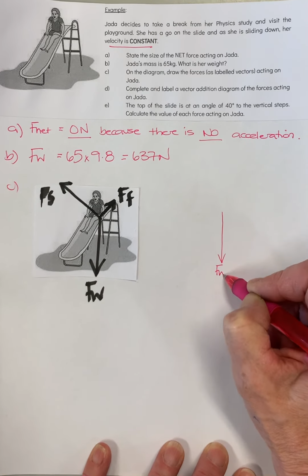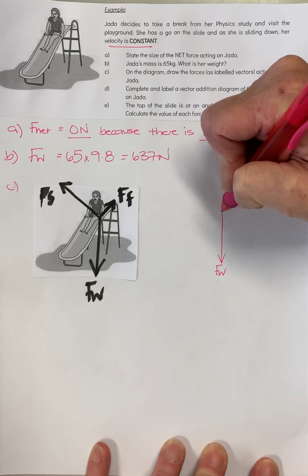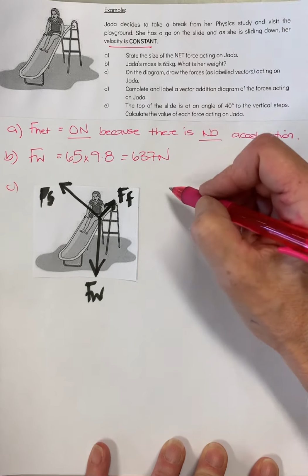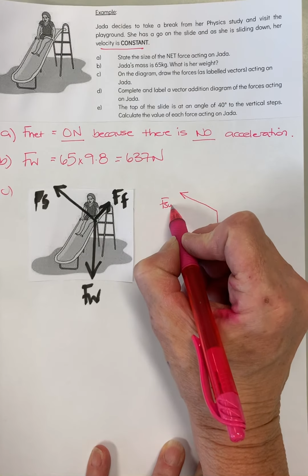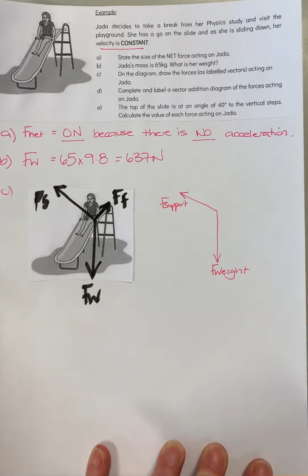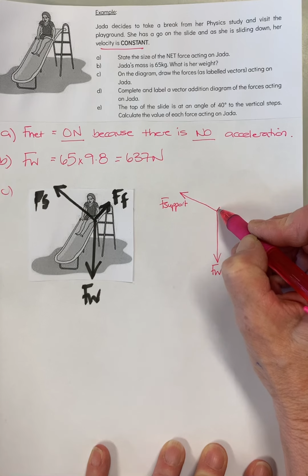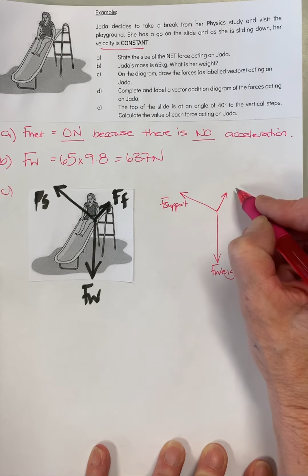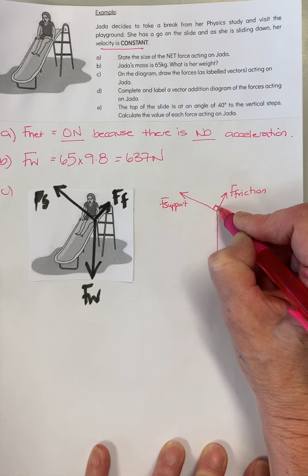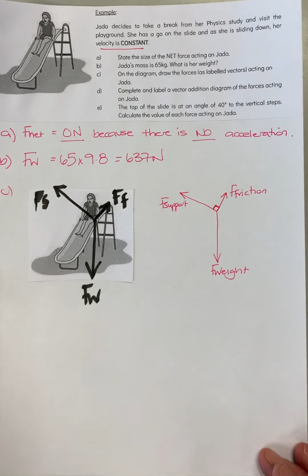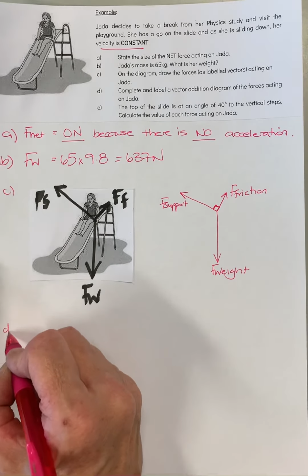So we've got weight force going down, we've got support force at right angles to the surface, and we've got friction along the surface, so that we know that the angle between the support force and the friction force is 90 degrees. Okay, and out of that, we're going to try and form a triangle.